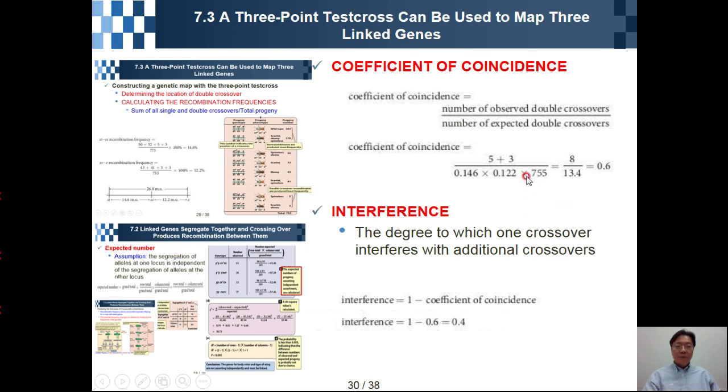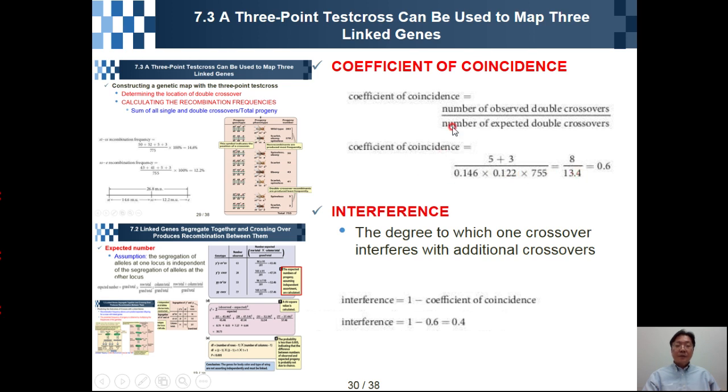The total number is 755, the recombination frequency between ST and SS is 0.146, multiplied by the recombination frequency between SS and E, 12.2%, which is 0.122.